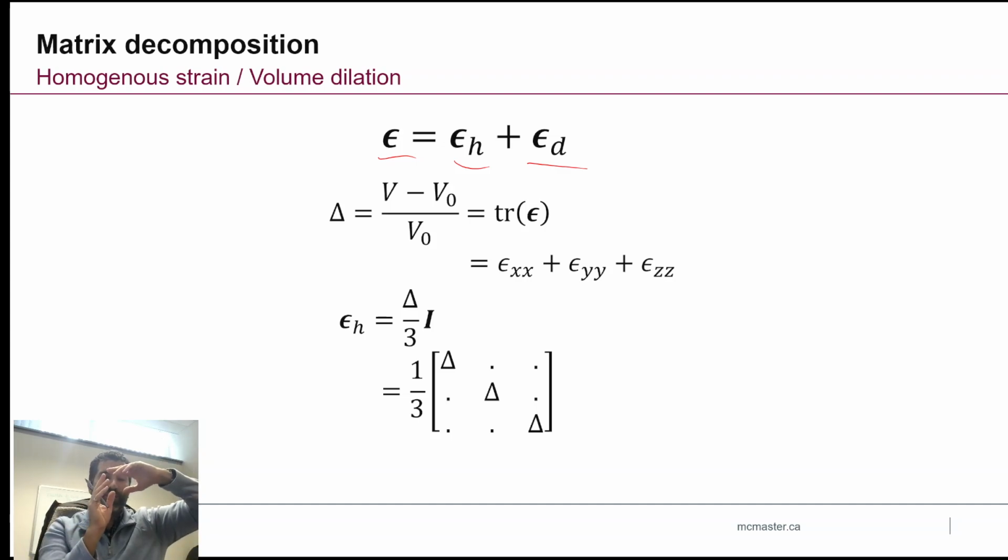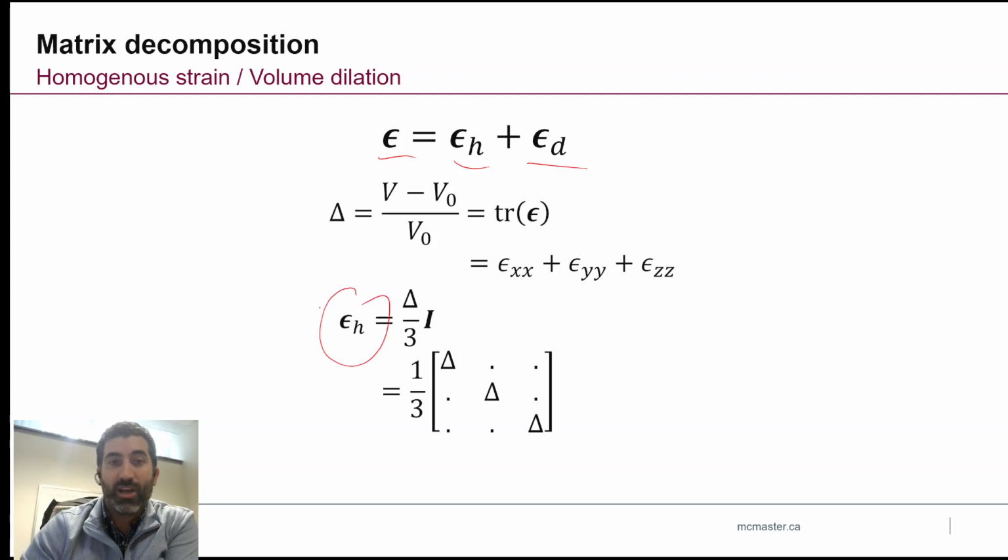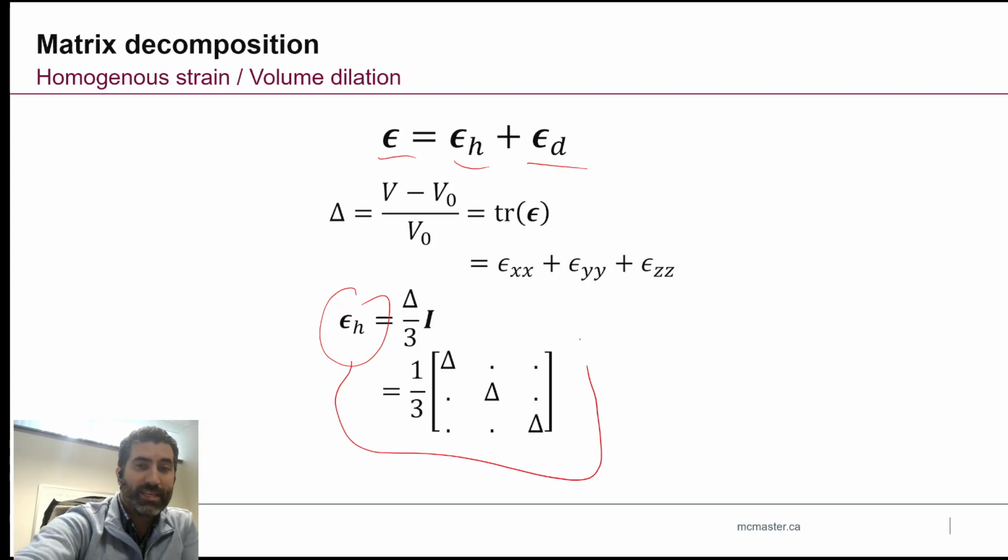And that's going to give us the amount of increase in scale, area, volume, size that this matrix is describing. If we did want to recover the original homogeneous strain, what we would do is just multiply delta over 3 by our identity matrix, right? 1, 1, 1 along the diagonal. And lo and behold, we get this. The reason for the 3 is because we're in three-dimensional space.